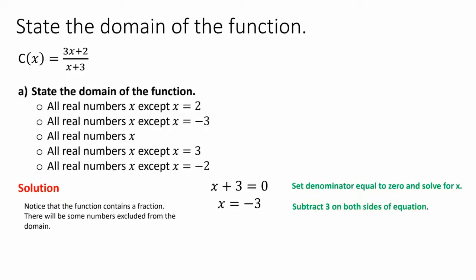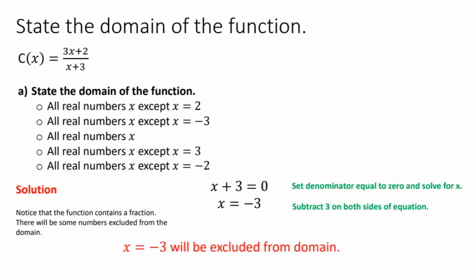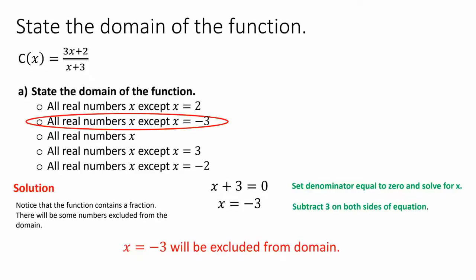So we see that our domain is all real numbers except for x equals -3. And again, hint, hint, we've also found our vertical asymptote. This restriction translates to our vertical asymptote. So to answer the first part, it's going to be the second one: all real numbers for x except when x is equal to -3.